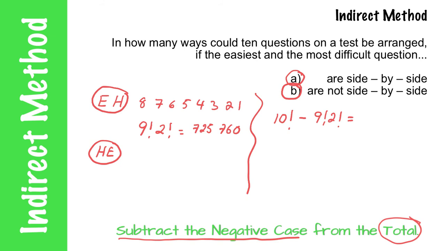I'll just call this n for the number of ways. So once you do that calculation, the answer will become 2,903,040. So you take the case that you don't want away from the total to get the answer you're searching for.